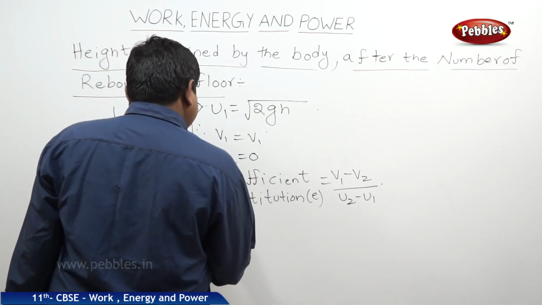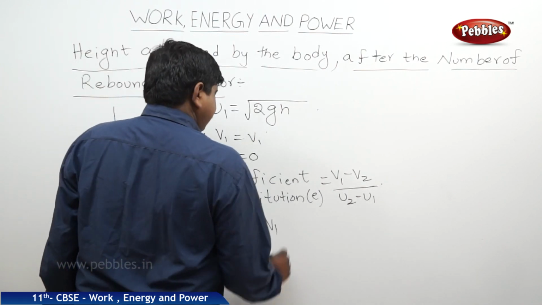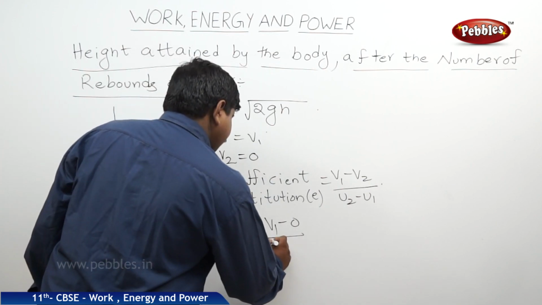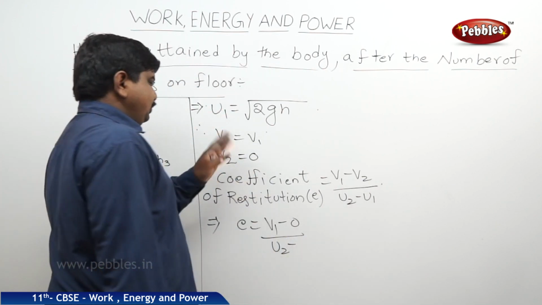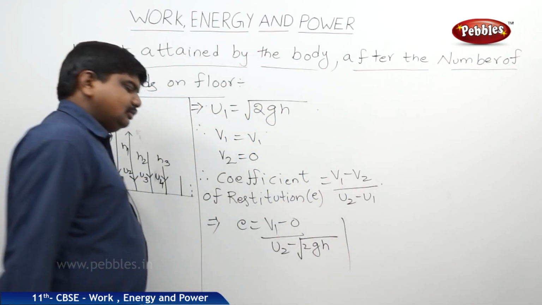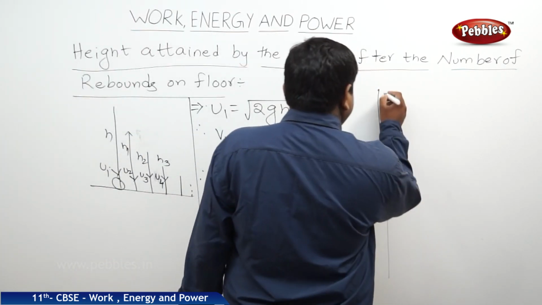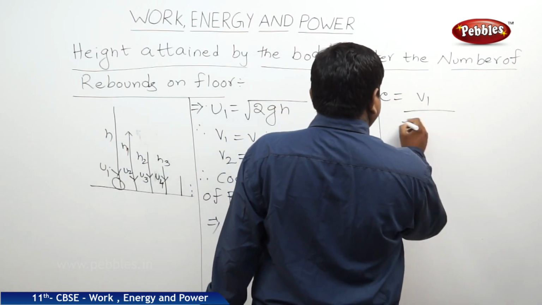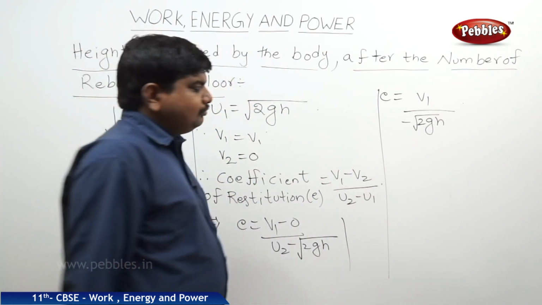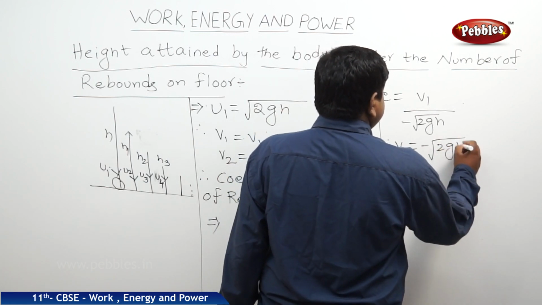So e is equal to v1, v2 is 0, u2 is also 0, minus u1 is root 2gh. Therefore, e is equal to v1 by minus root 2gh. From this, v1 is equal to minus root 2gh e.